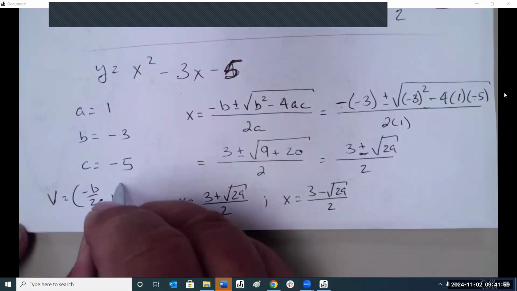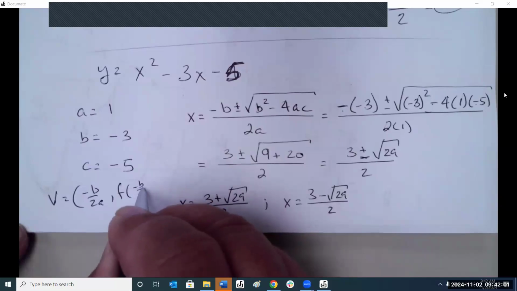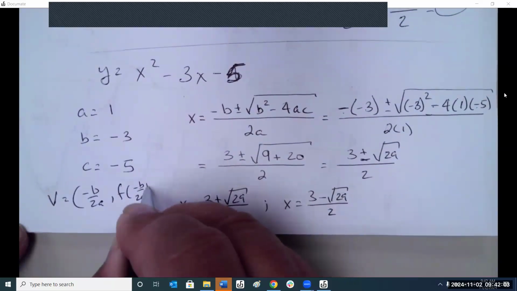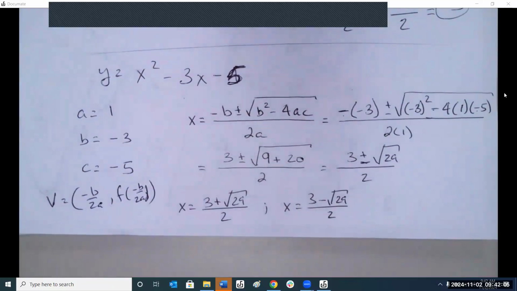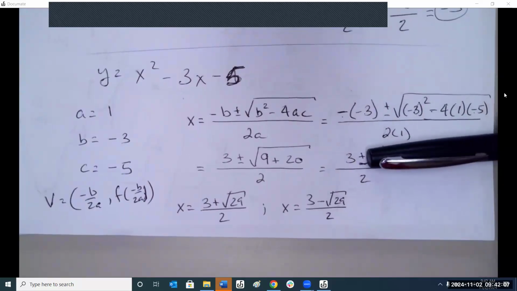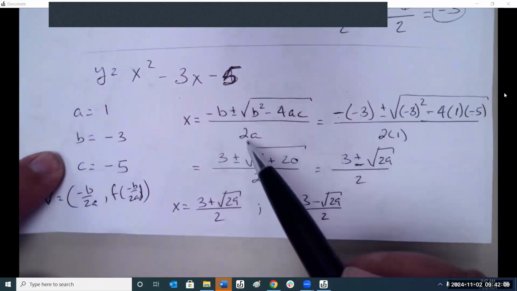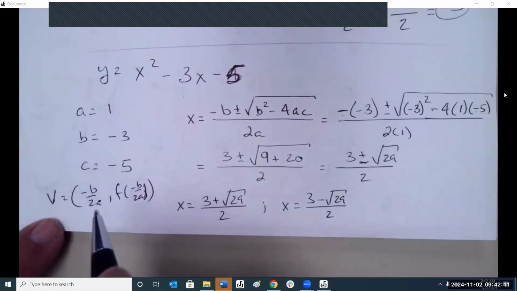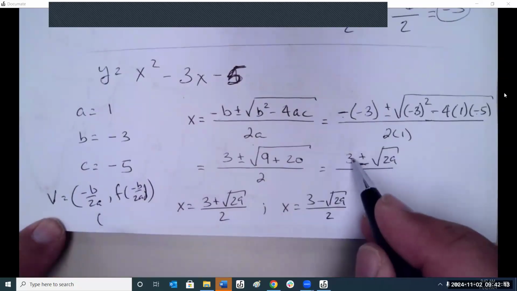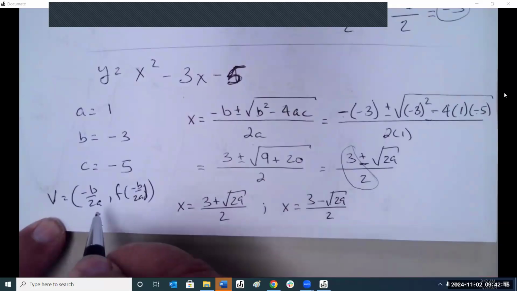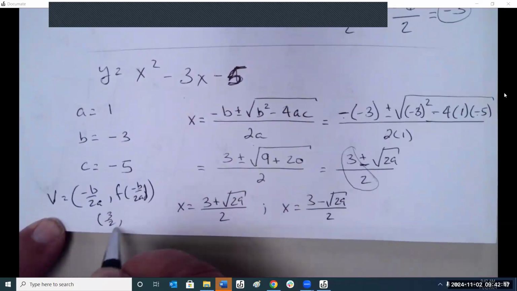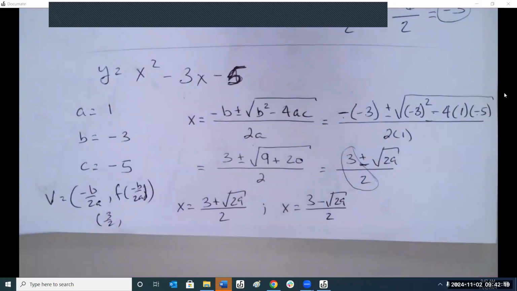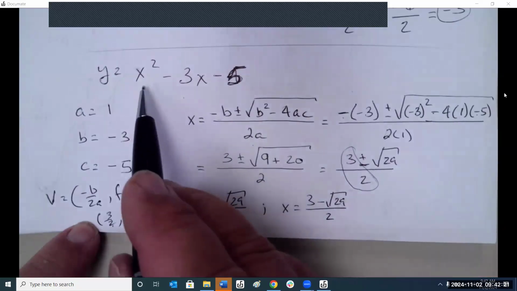Then whatever we get there, plug it back in your equation. That gives you the y value. So there's our negative b over 2a. So our axis of symmetry is 3 over 2.